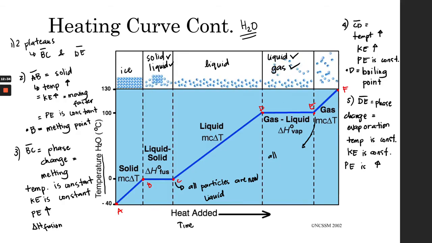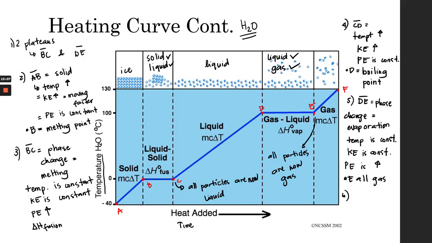This continues until it reaches point E, wherein all particles, like I mentioned earlier, are now in gas form. So there's no more liquid at point E. So when it finally changes all the liquid particles into gas, the temperature increases again.